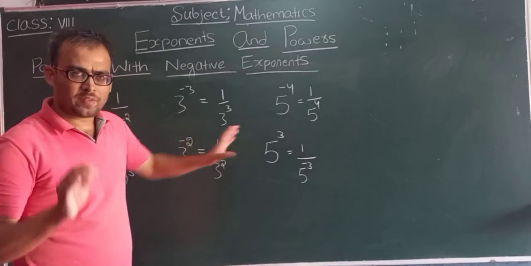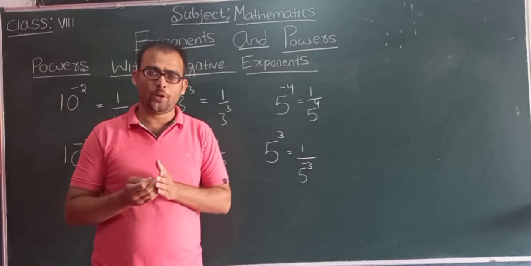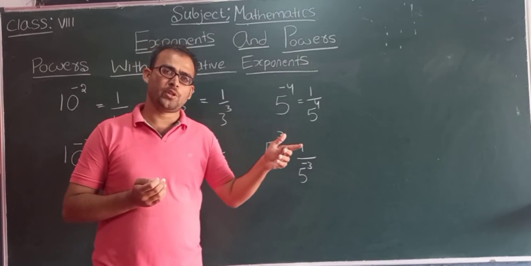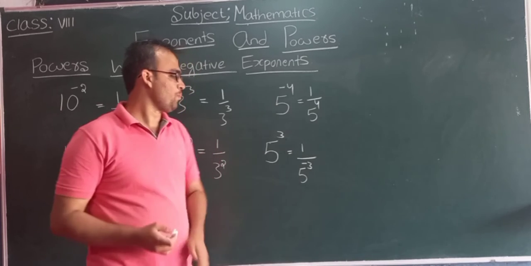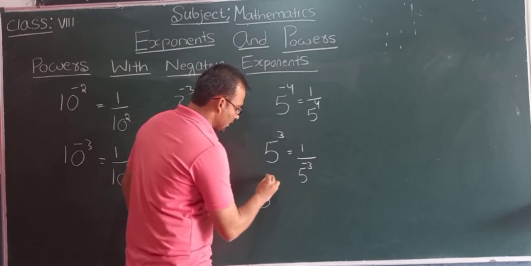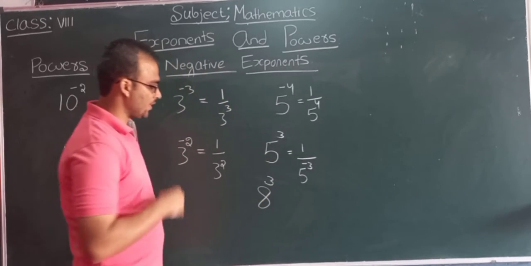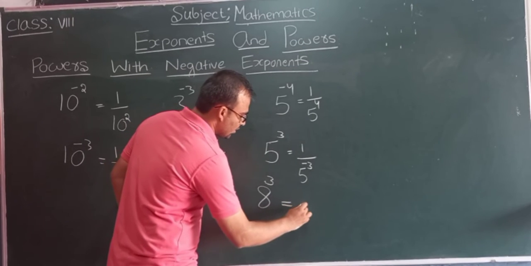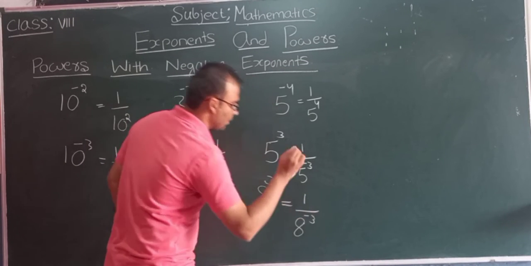So if there is a positive exponent, if you reciprocal it, it will become negative. And if there is a negative exponent, if you reciprocal it, then it will become positive. For example, 8 to the power 3 is there. If you reciprocal it, you are getting 1 by 8 to the power minus 3.